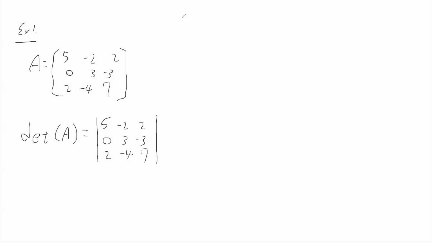So first, let's say I want to pick the second row right here. In the second row, we have 3 entries: 0, 3, and -3. Now, when looking for determinants, every entry has a sign of its own.